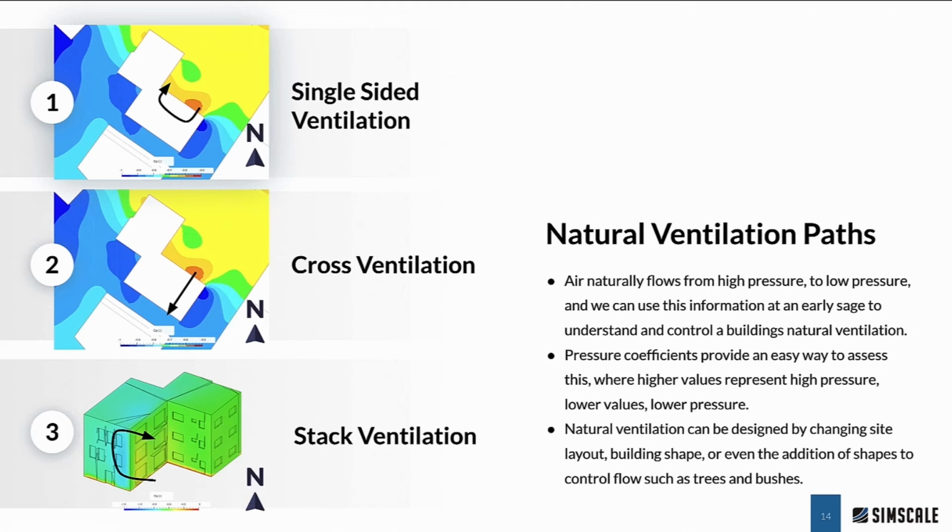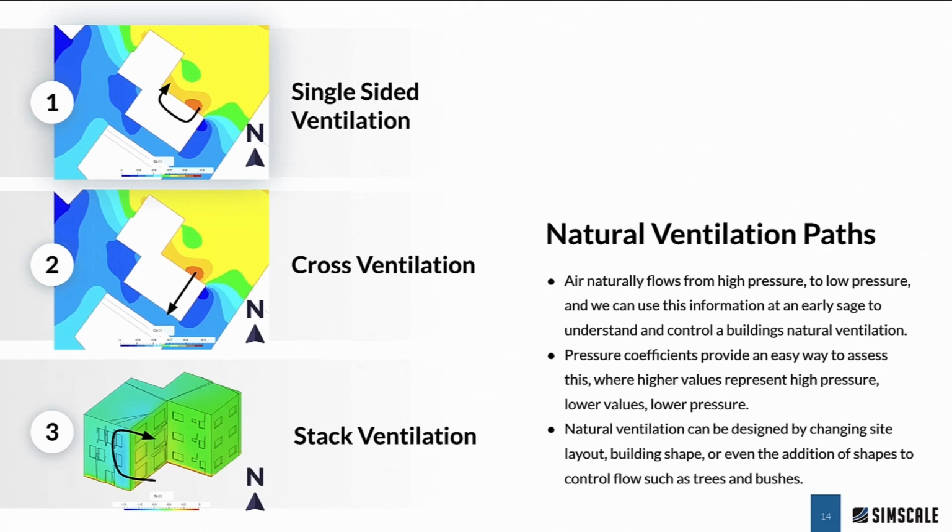For example, if you wanted a higher refresh rate, then naturally you're going to want to encourage a faster flow. But if it's a cold environment, then perhaps you want to limit the amount of breeze going through a floor.